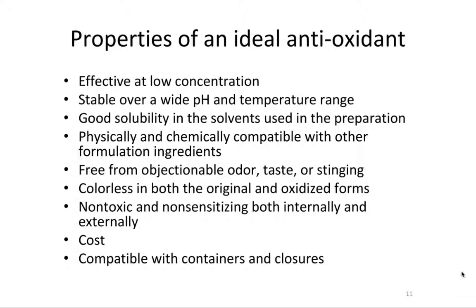They should be stable over a wide pH range because, being solutions, buffers may have to be used. A particular pH may have to be used during preparation of the solution because the drug may be soluble over a narrow pH range, and this will have to be taken into account. And so antioxidants used in formulations should be stable over the pH range at which the solutions are going to be used. They should have good solubility in solvents that are used in the preparation.